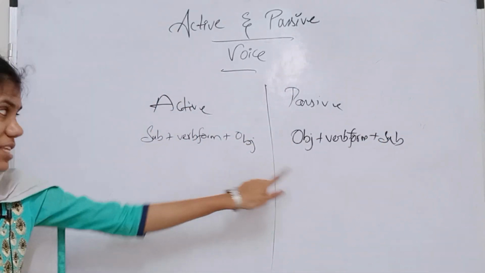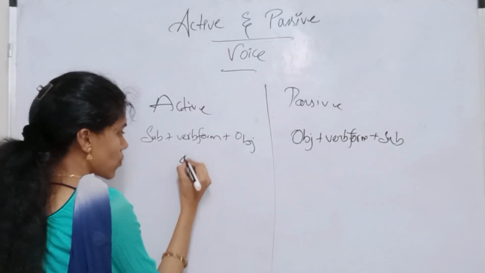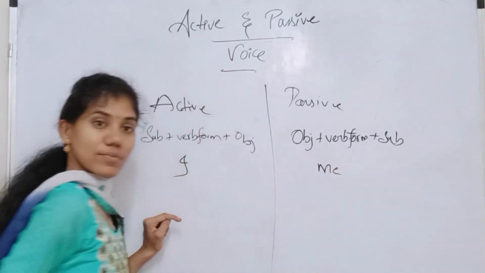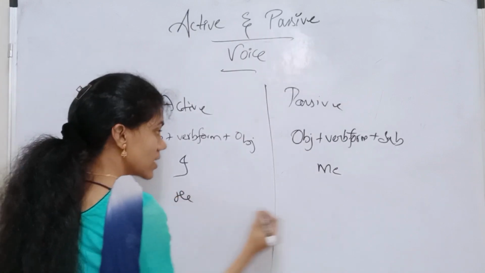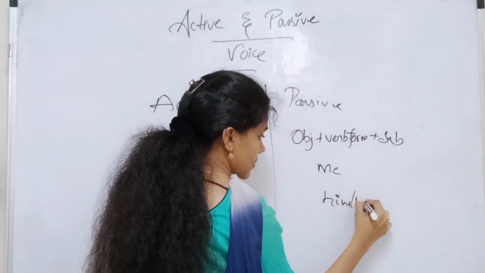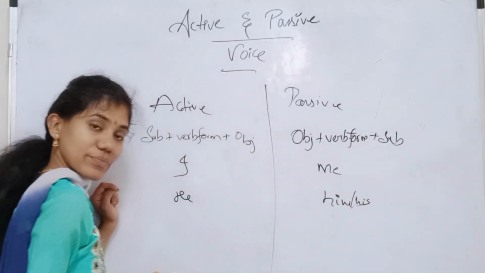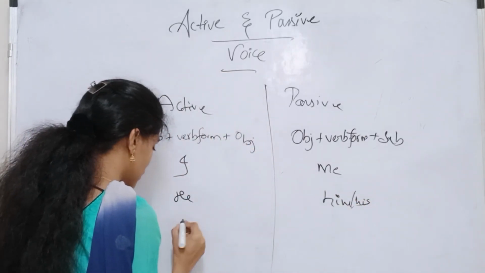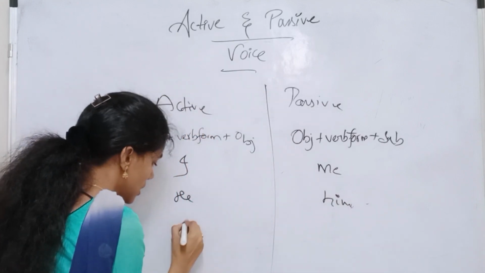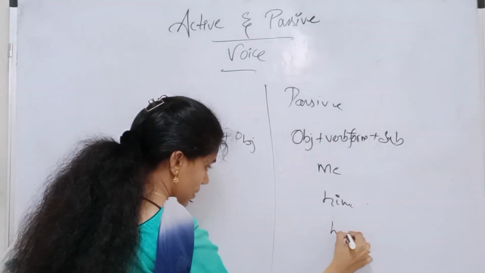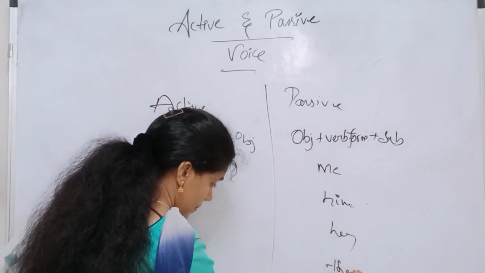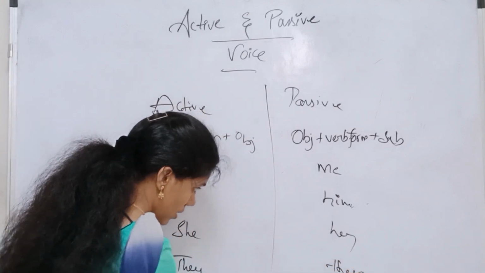So whenever you see this, suppose in active voice I get "I", we get "me" here. If I get "he", here "him". "She", "her". "They", "them". "We", "us".